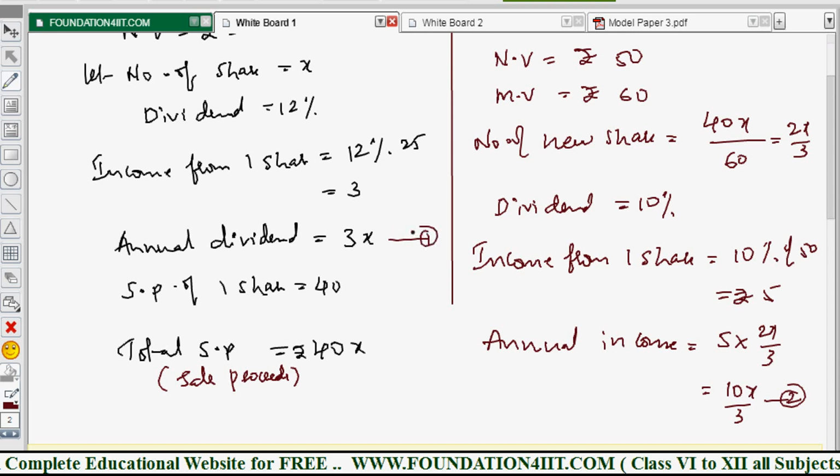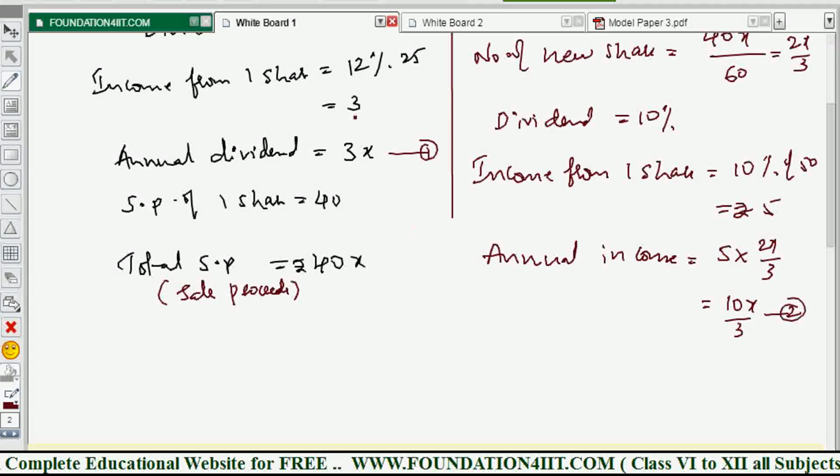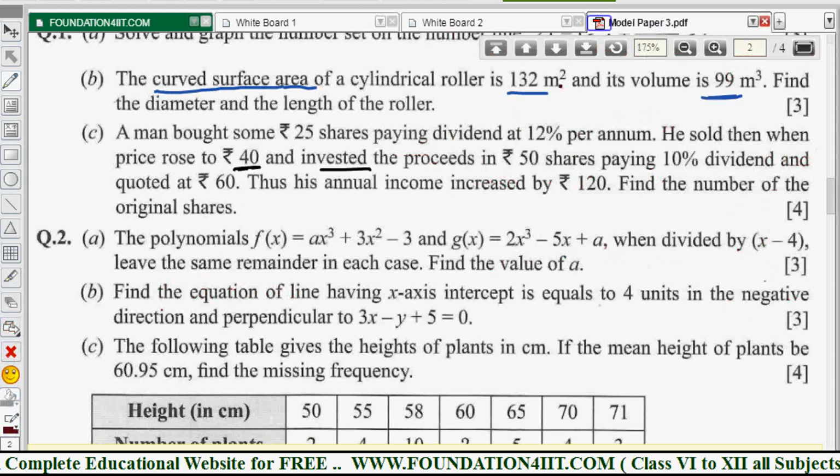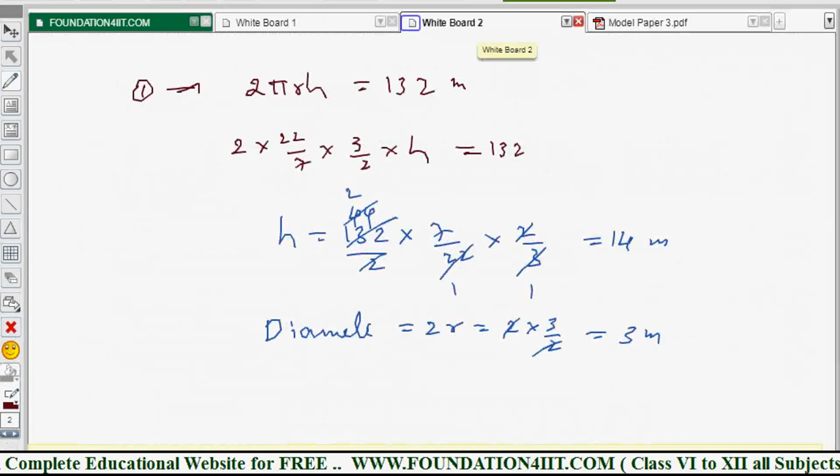Let this be equation 1. Now according to the condition, the previous annual dividend is 3x and the new annual income is 10x by 3. This difference, according to the question, is 120, since the annual income is increased by 120.